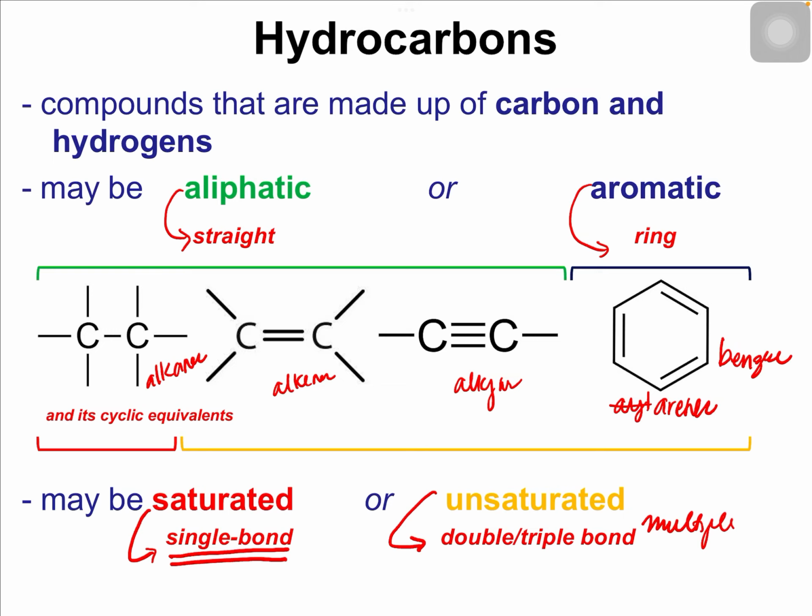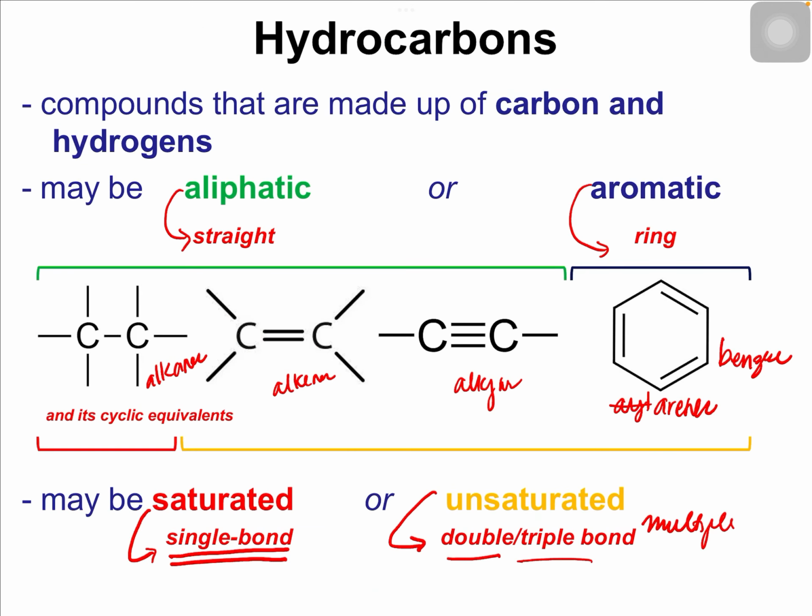Multiple bonds are either double or triple bonds. Among the four, only alkanes will be classified under saturated hydrocarbons, and the rest of the members of the hydrocarbon family, like alkenes, alkynes, and arenes, will be considered under your unsaturated compounds.